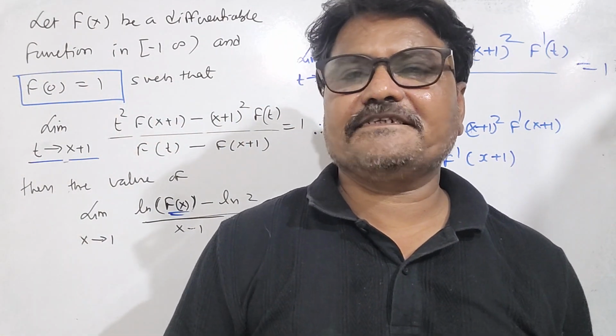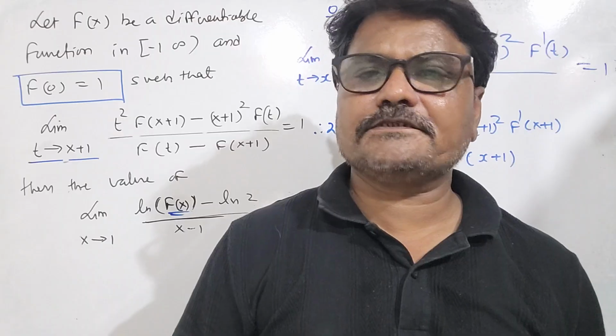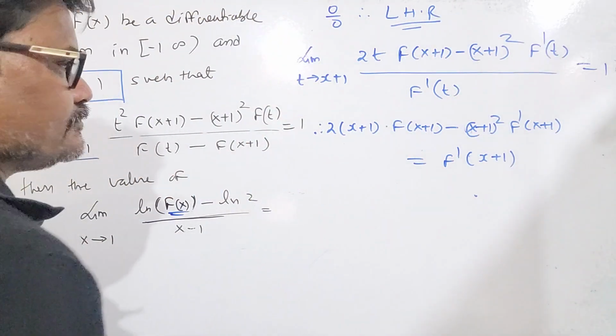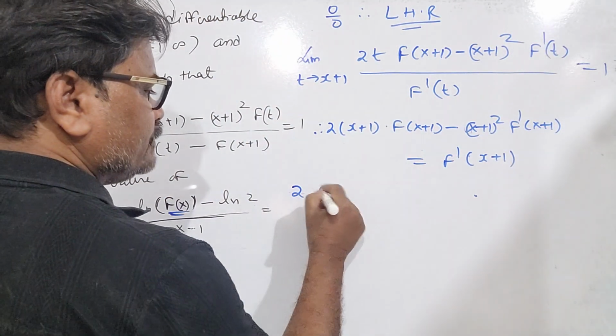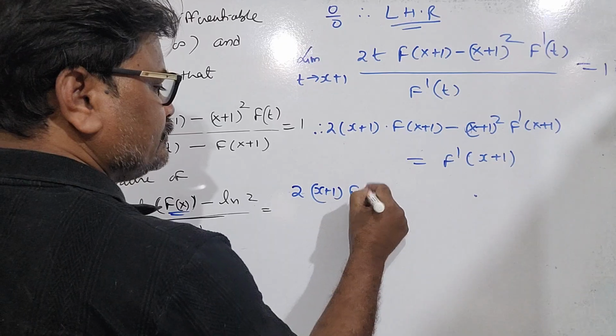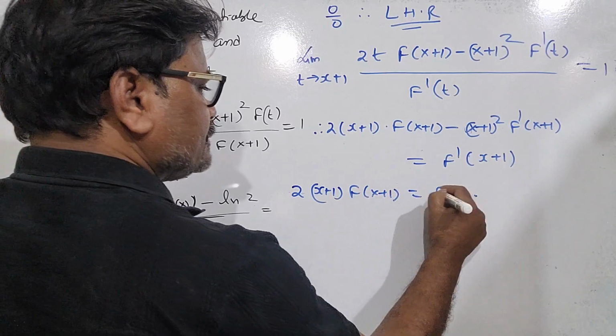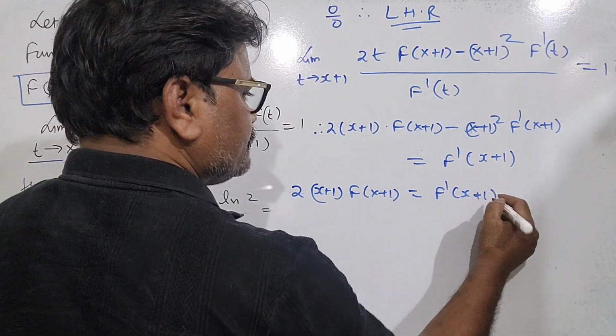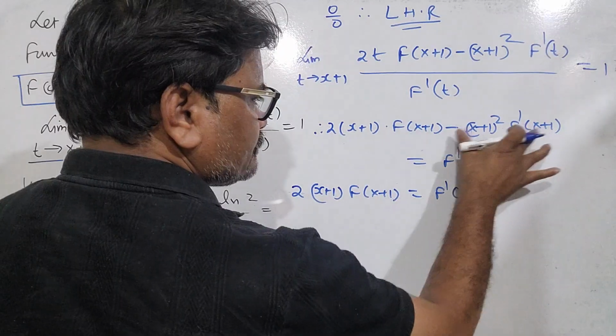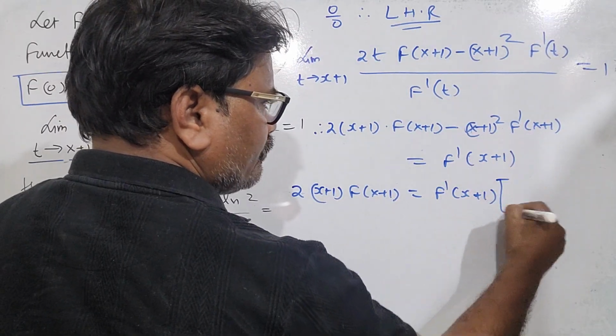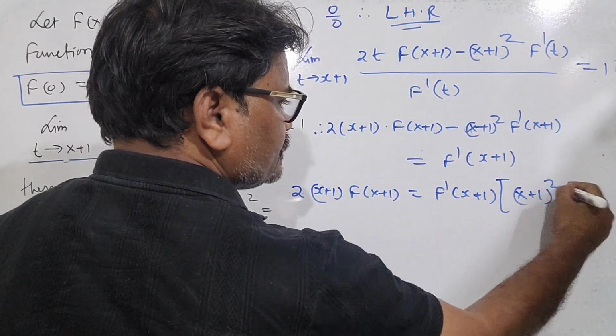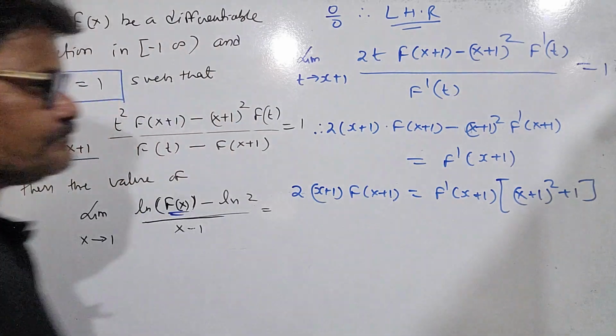Same process, integration, constant of integration, all those things we will apply over here. So 2 into (x+1) into f(x+1) equals f dash of (x+1). Taking f dash of (x+1) common, (x+1) whole squared plus 1.